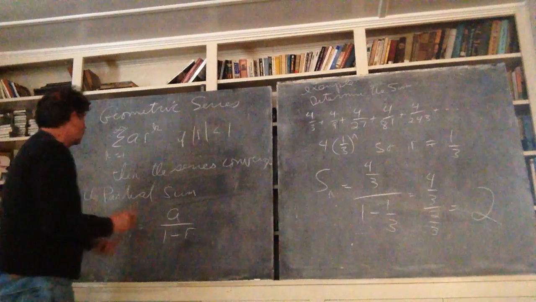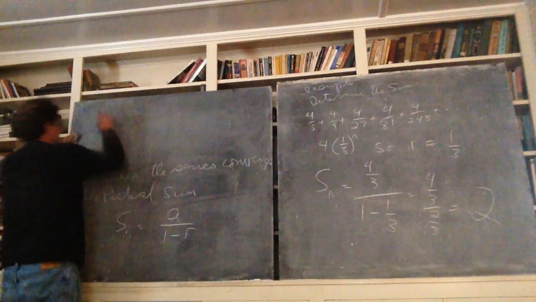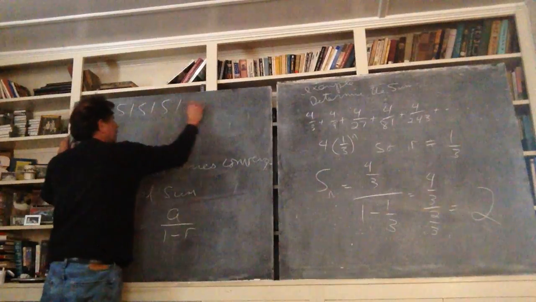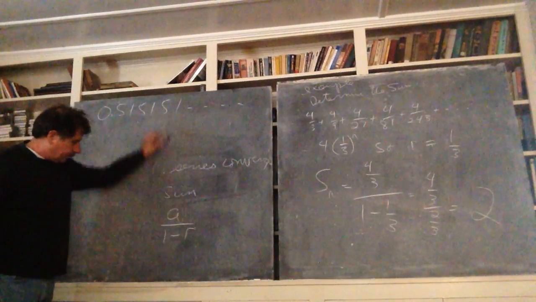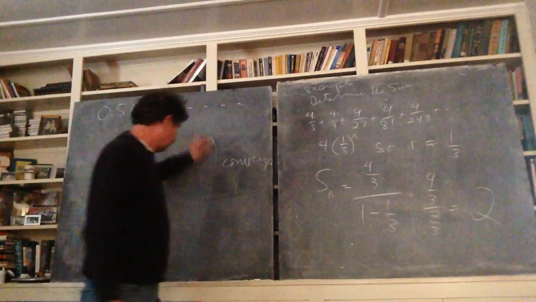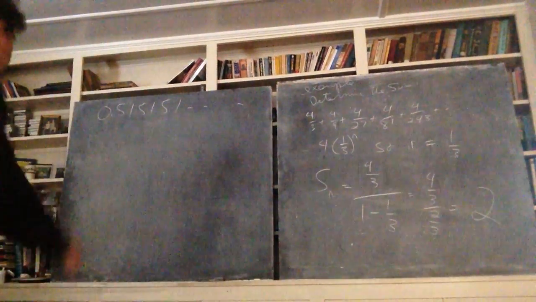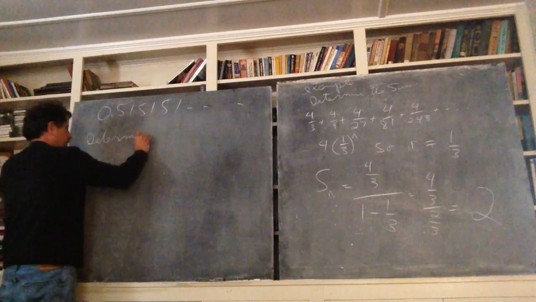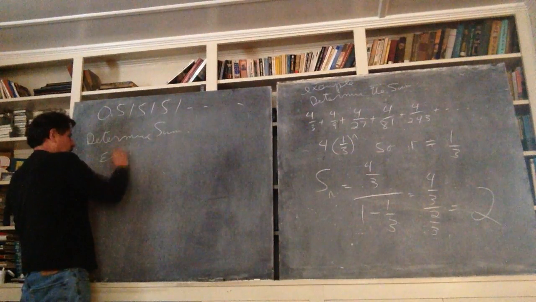Another example, you've perhaps seen these in an Algebra 2 class: 0.515151, repeating, which establishes a pattern. This is a rational number. What we want to do is determine the sum of this and then express it as a rational number.